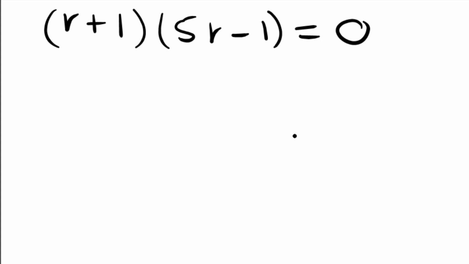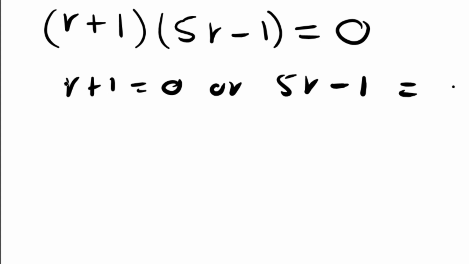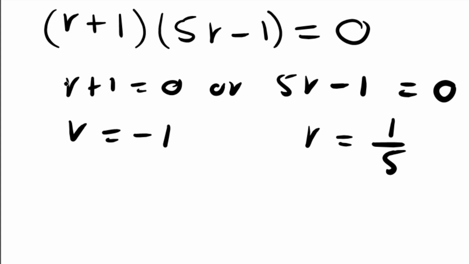From here we say, for this to be true, we have r plus 1 equals 0, or 5r minus 1 equals 0. Now we have r equals minus 1, and again r equals positive 1 over 5.